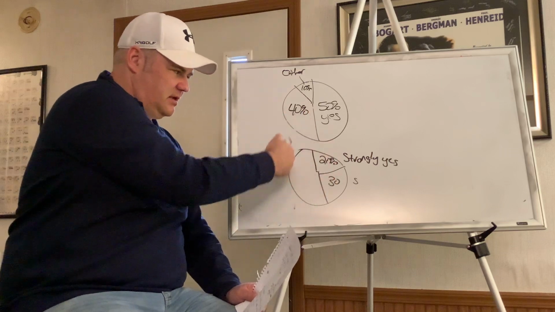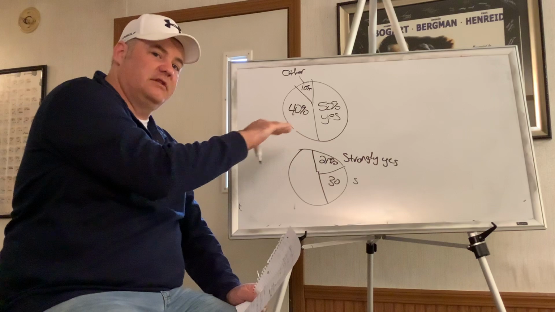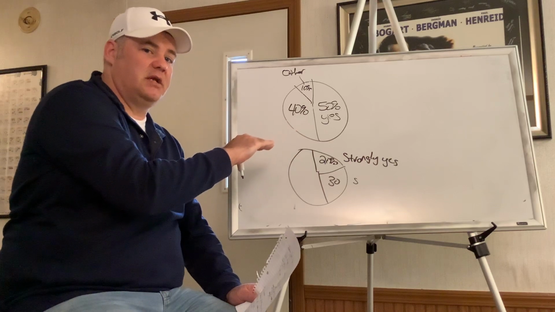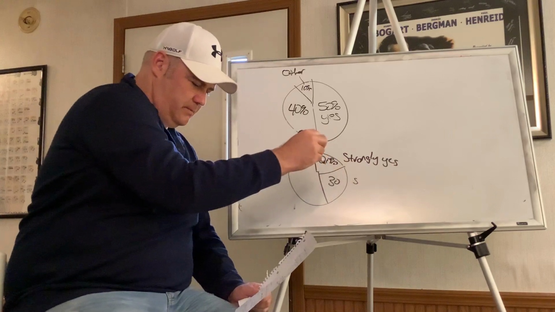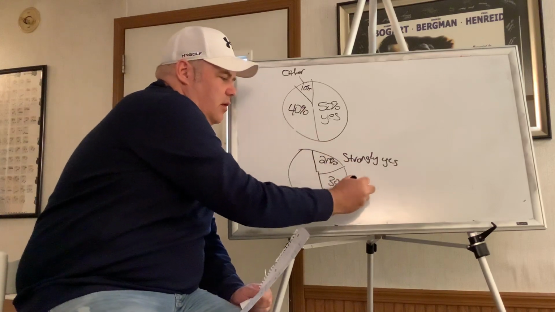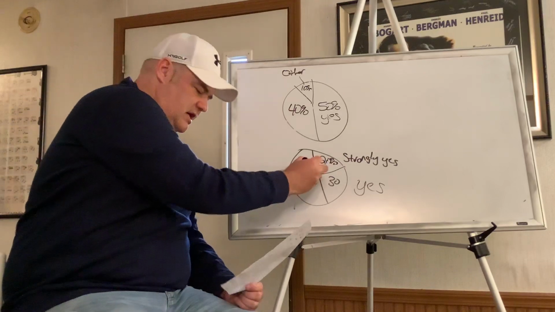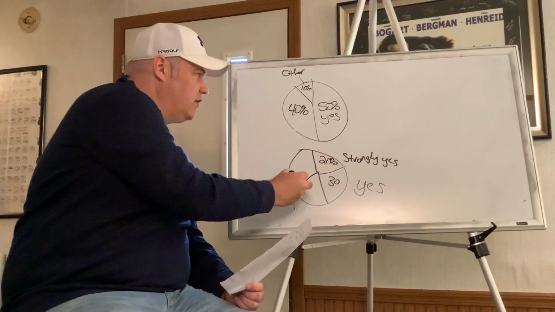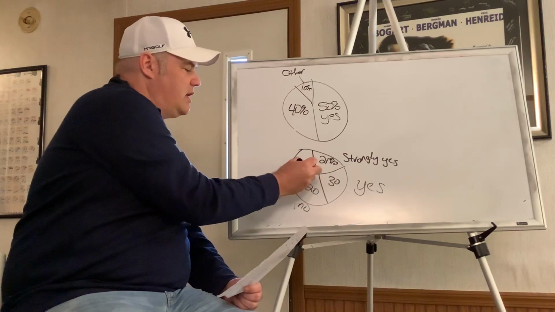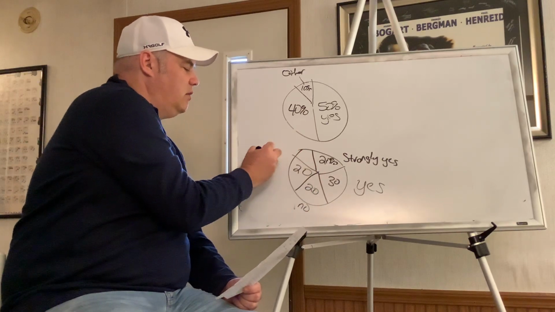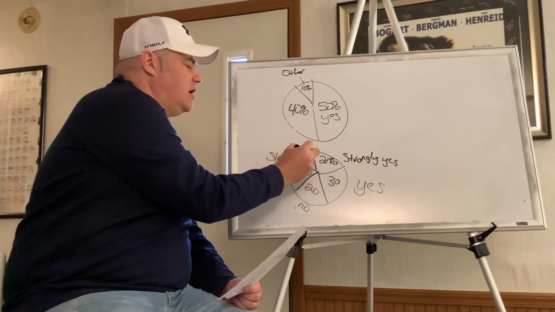It's a 360 degree angle, so you've got to work out those degree measures on how this should look. But I'm not going to spend that time with the board here to try to do that. And then let's say the 40 here: 20% said no, and 20% said strongly no. And then you had your 10% other.